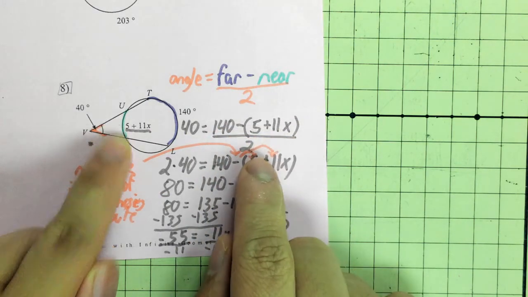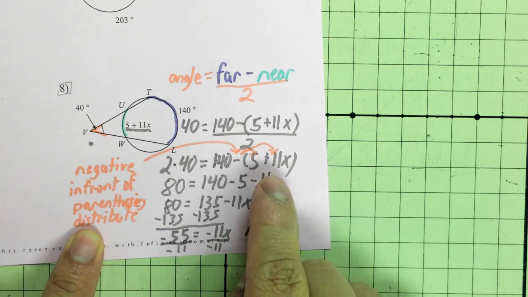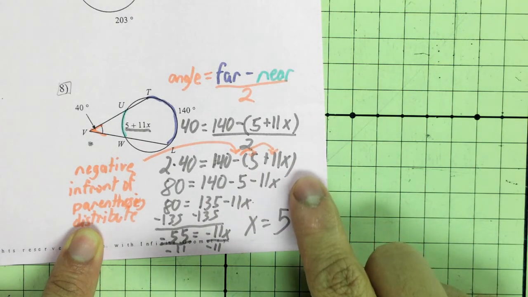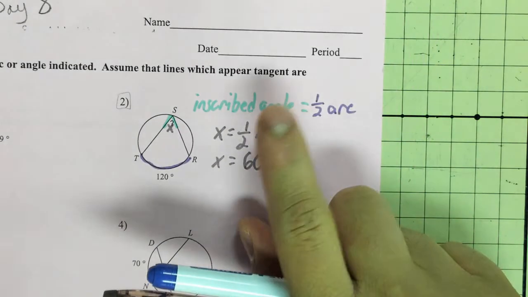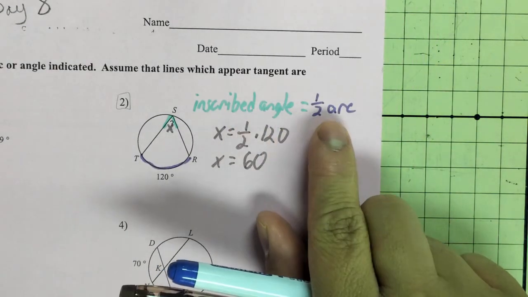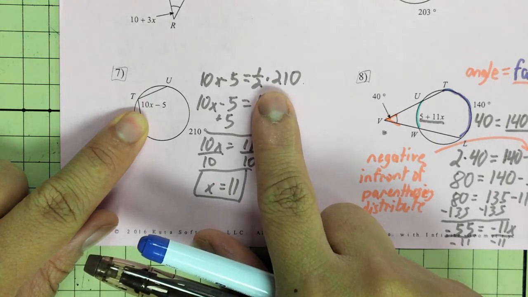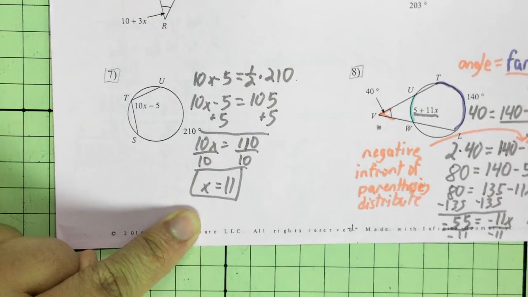A negative in front of parentheses changes our sign, so be very mindful about that. And then after you set up the equation, solve for x as usual. And also we cannot forget about inscribed angles, that the inscribed angle is 1/2 your arc. So here's my example. Your inscribed angle 10x minus 5 is 1/2 of that 210-degree arc. Set up your equation and then solve for x.